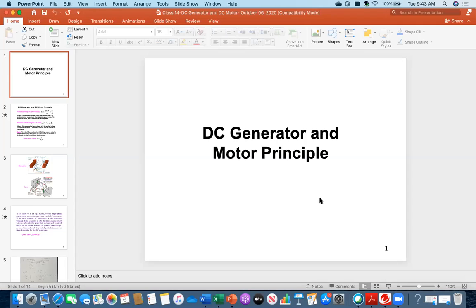Okay, now let me take you to the whiteboard for a moment. Similar to the AC generator, especially the synchronous generator, a DC generator has also the armature and it needs the magnetic field.